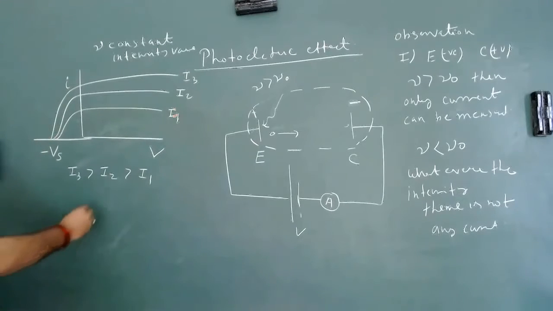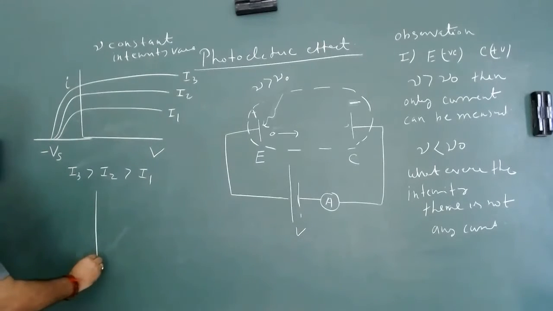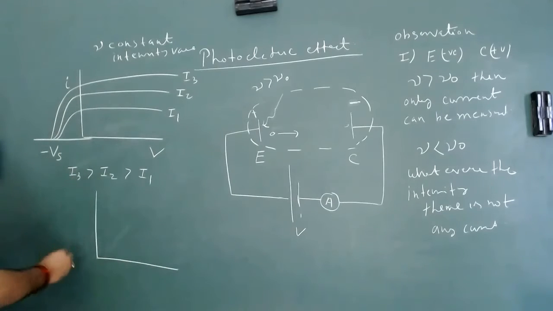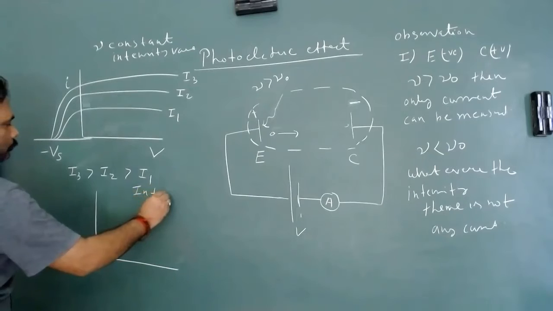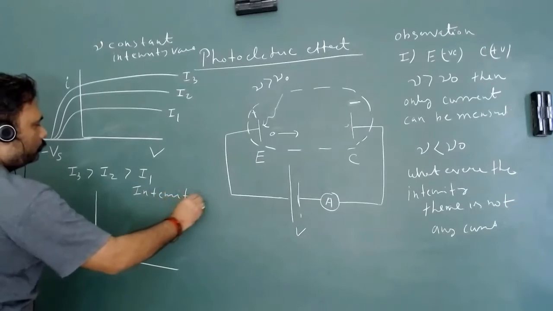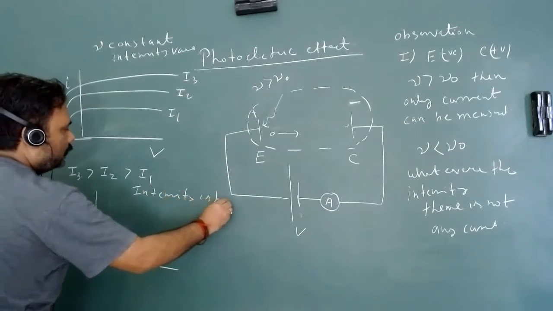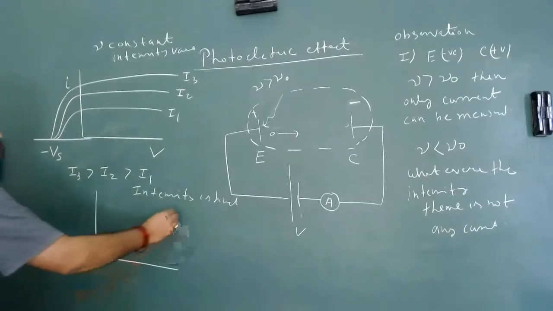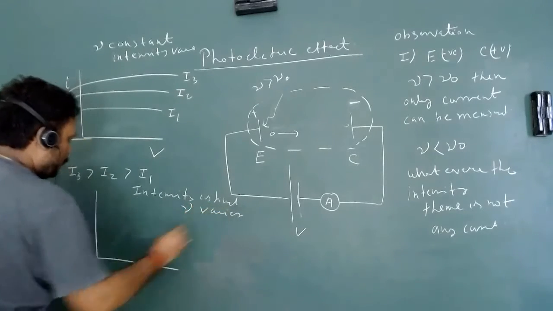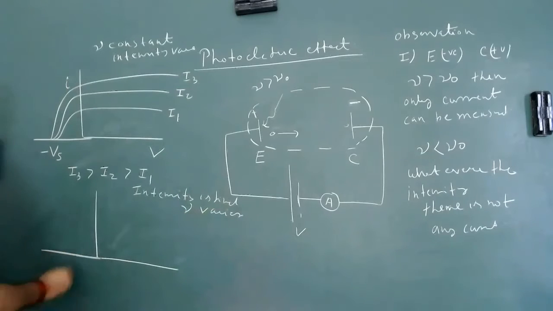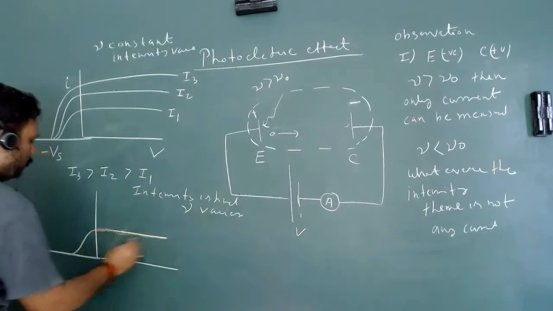And the second plot, what we are going to plot here, is where intensity is fixed, but frequency varies. This curve is something like that.